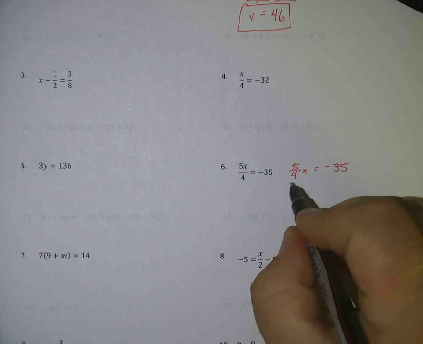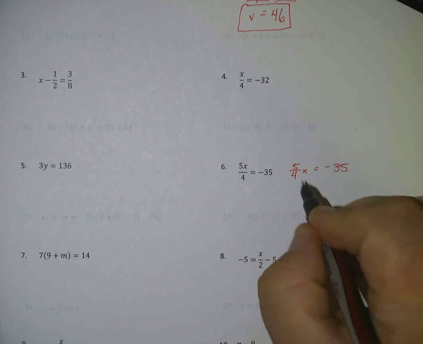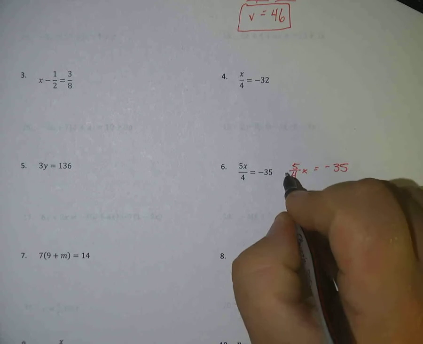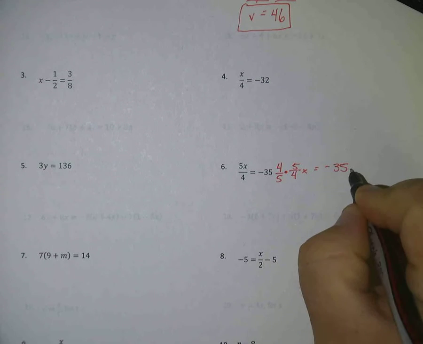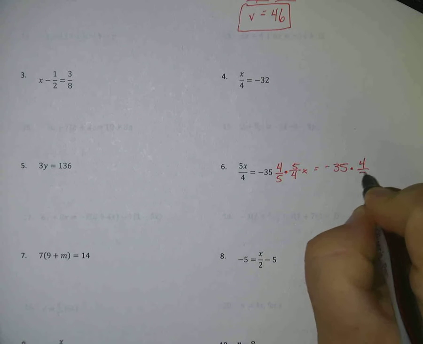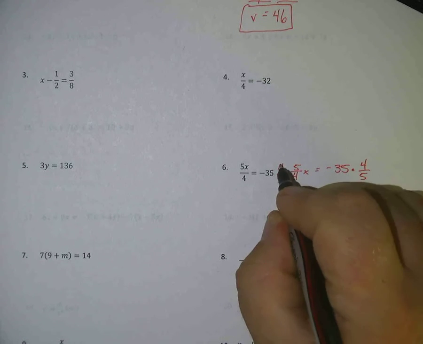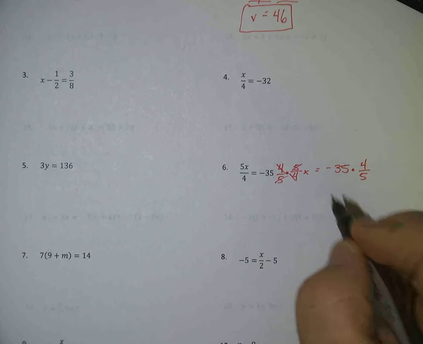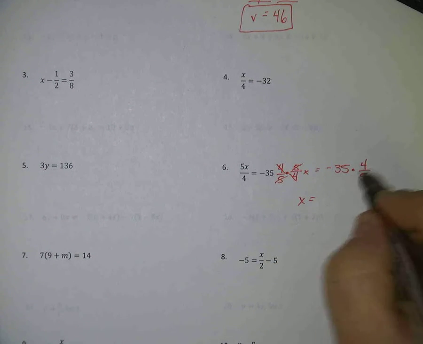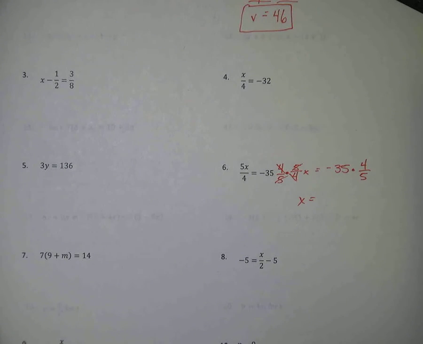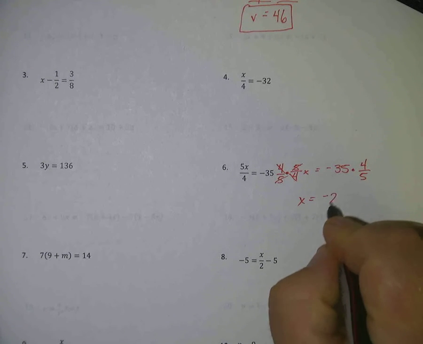And you could either multiply 4 on both sides and then divide by 5 on both sides, or you can just say multiply it by its reciprocal and then figure out what that would be, because that's going to cancel out everything on the left side, leaving x. And then all you need is negative 35 times 4 divided by 5. And so we get x is negative 28.